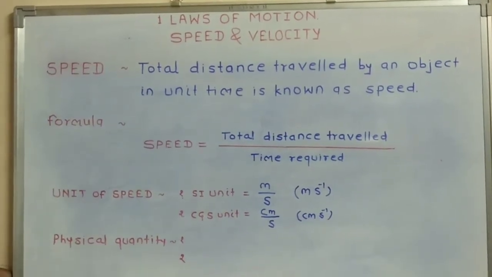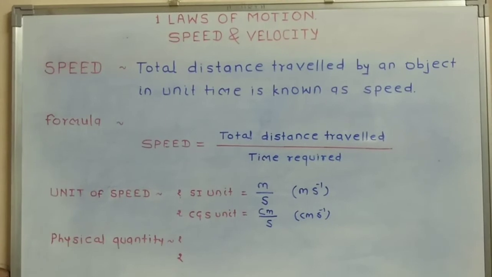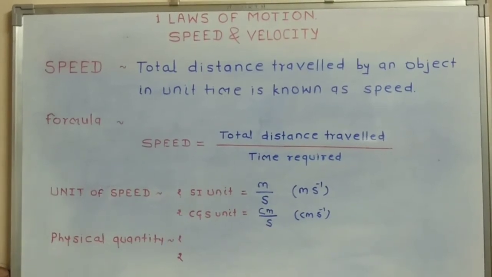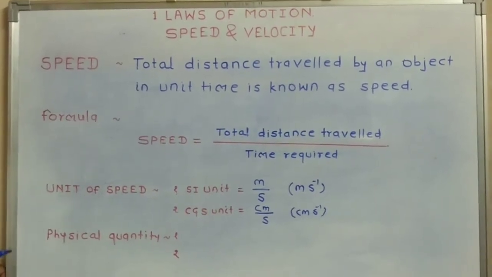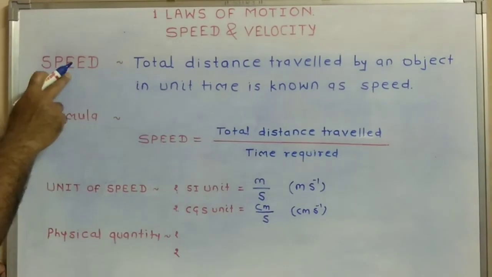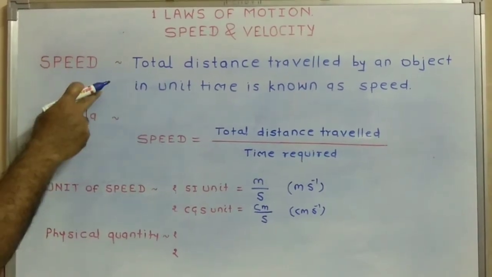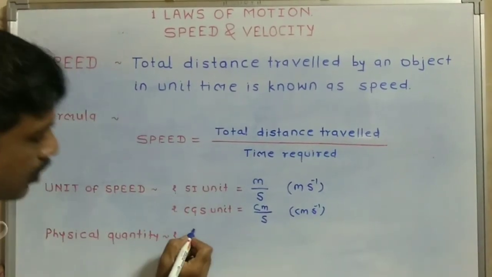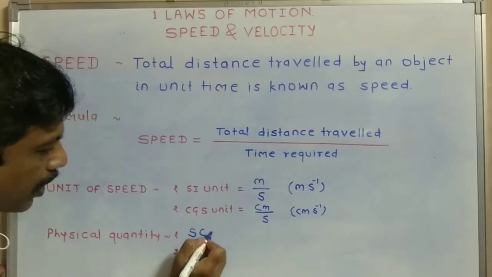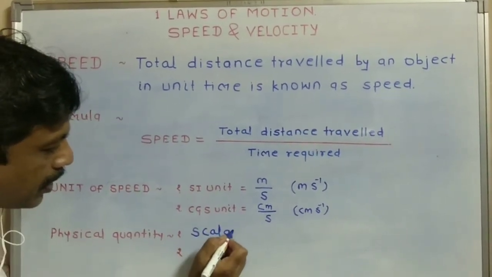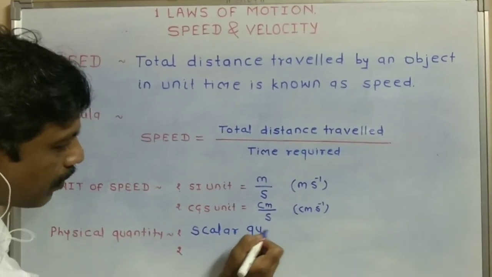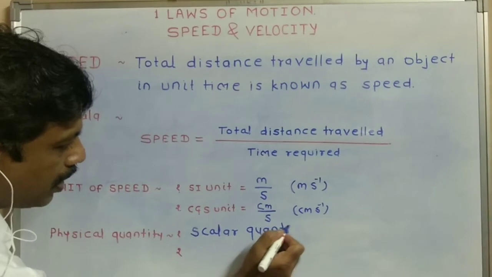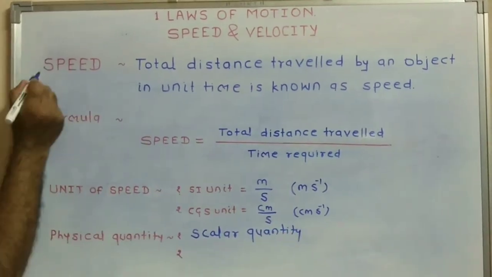Now, we know that speed can be measured, and therefore it is a physical quantity. And here we only consider the magnitude of the quantity. Therefore, such a type of quantity is known as which quantity? It is known as a scalar quantity. It means that speed is a scalar quantity.